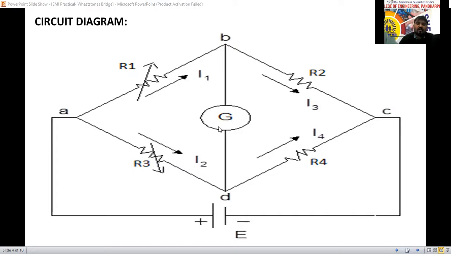I don't know how many of you know about this. Do you understand the balanced condition?